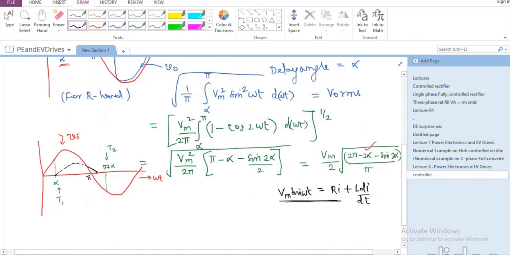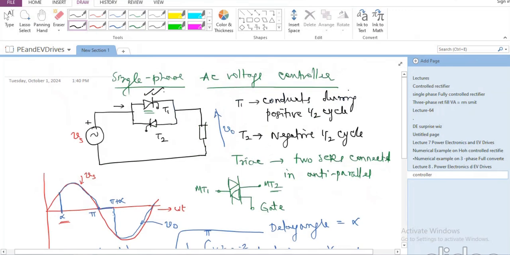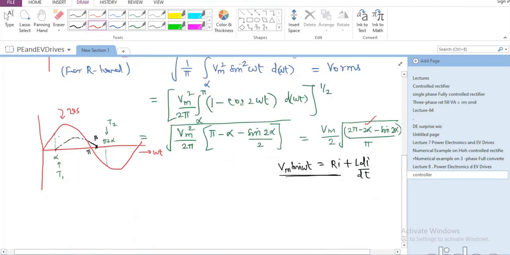So it comes down to 0 at some other angle beta. This is where the current comes down. So until beta, T1 is going to conduct because the current flows in this particular direction. And after that, at pi plus alpha, we are firing T2. So the current has to start flowing in the opposite direction.